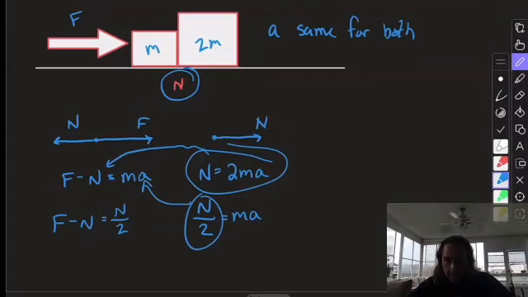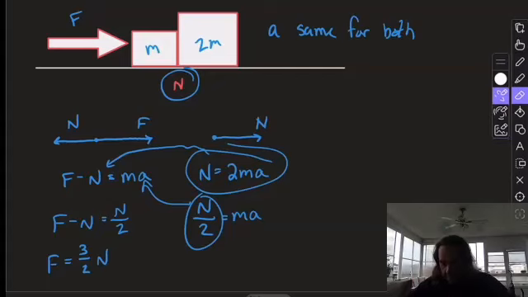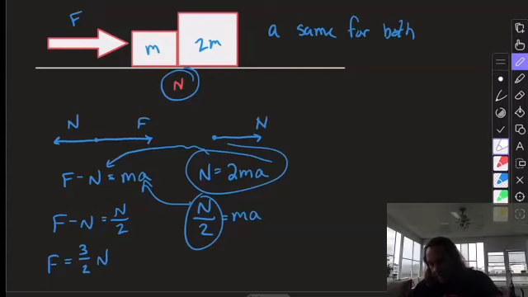And I get F equals 3/2 N. Now, interesting side note here. If you look at that result, you find that N equals 2/3 of the force.